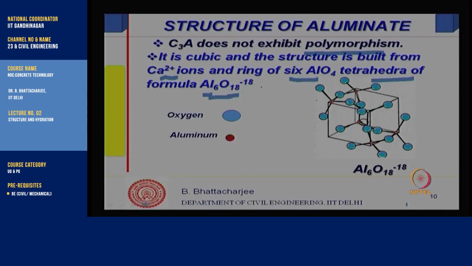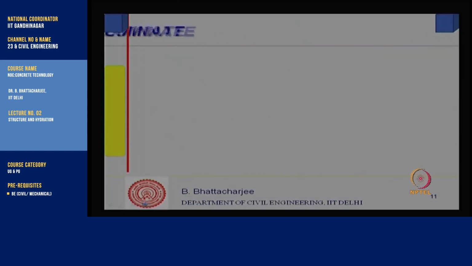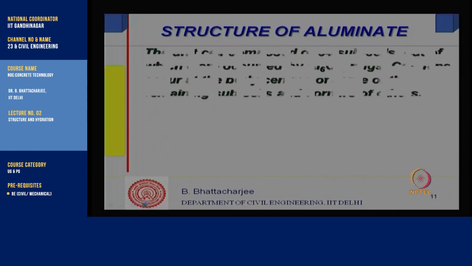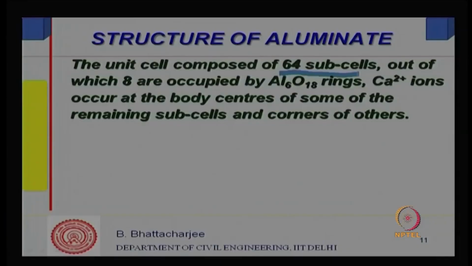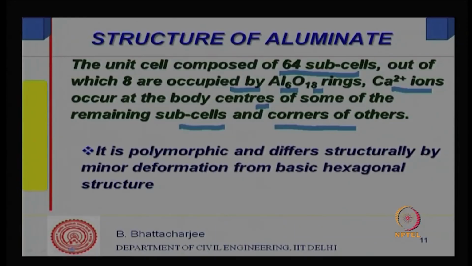Now, this is connected to calcium ion in the case of aluminate. So, the unit cell actually is composed of 64 subcells, out of which 8 are occupied by Al6O18 rings, and calcium ions occur at the body center of some of the remaining subcells and at the corners of the others. So, the aluminate structure is something like this.